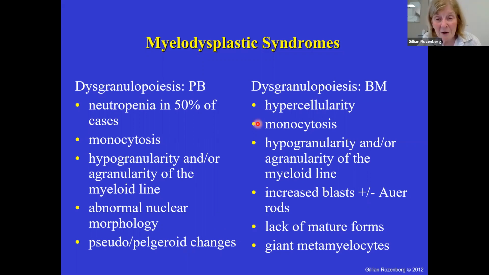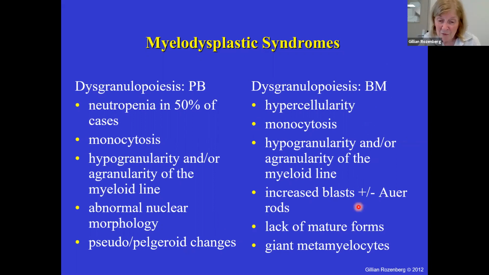Looking at the bone marrow, so dysgranulopoiesis in the bone marrow, the things that we would look for are hypercellularity, again the monocytosis, hypogranularity and agranularity of the myeloid line, and we may see some increase in the blast cells, and they may have some Auer rods present.